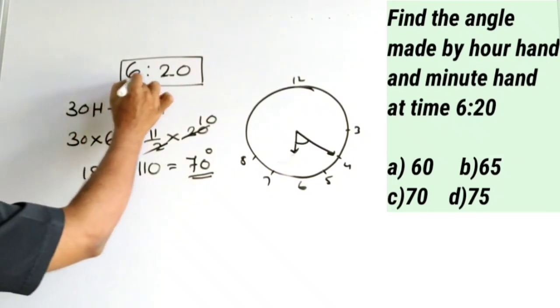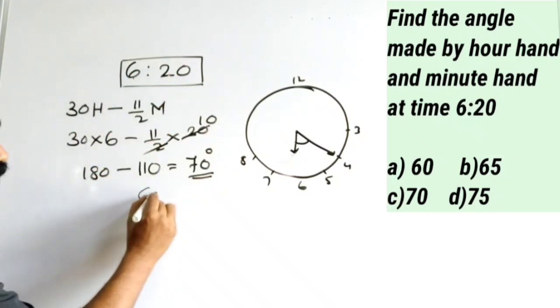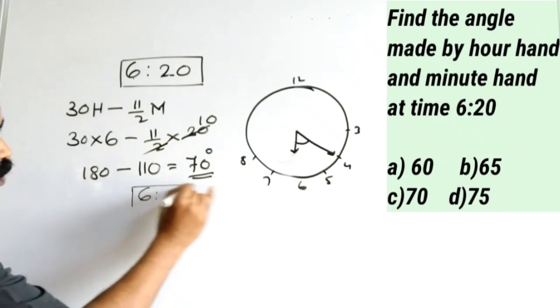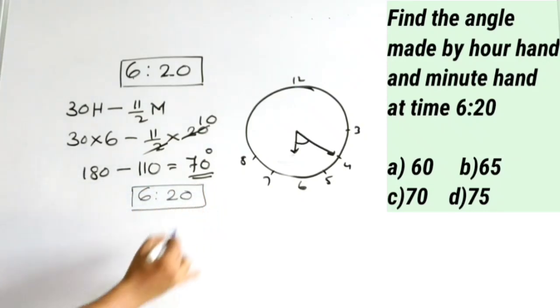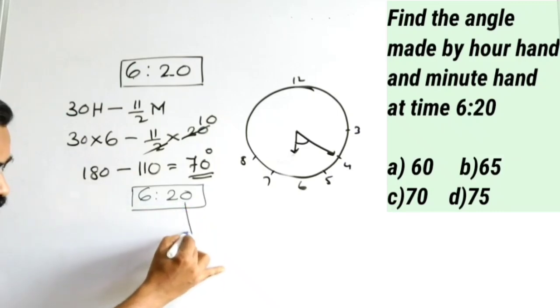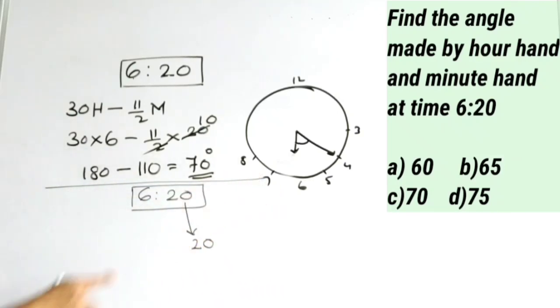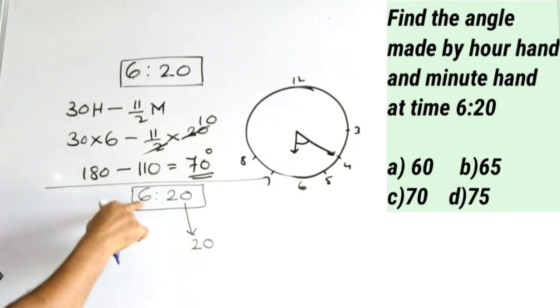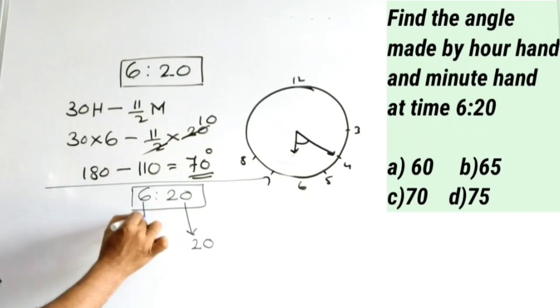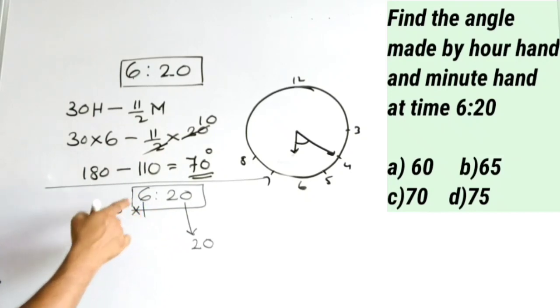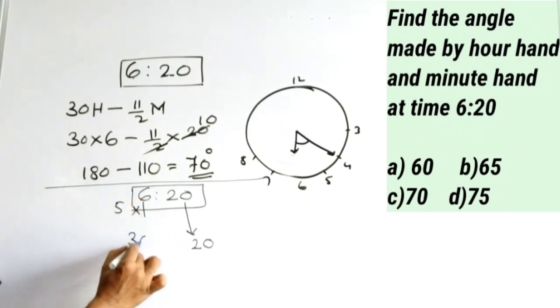Here 6:20 is the time. So let me write that 6:20 here. Now what will we do? The 20, as it is, we will write. This is the second method. 20 only. The 6 we will multiply by 5. 6 into 5, we got 30.